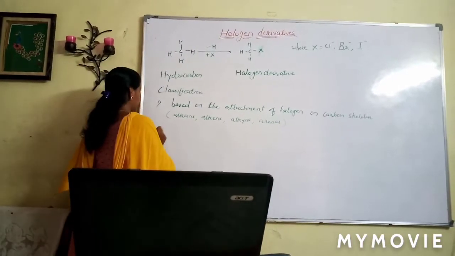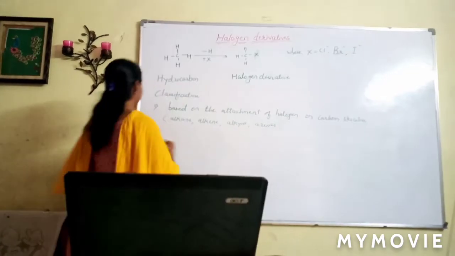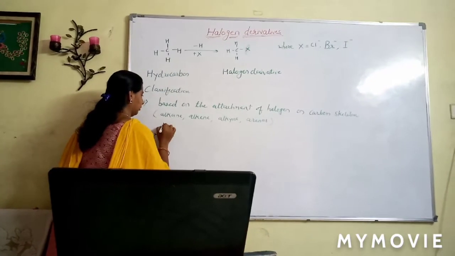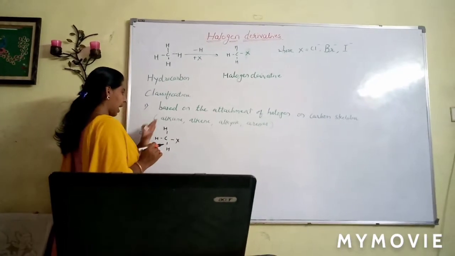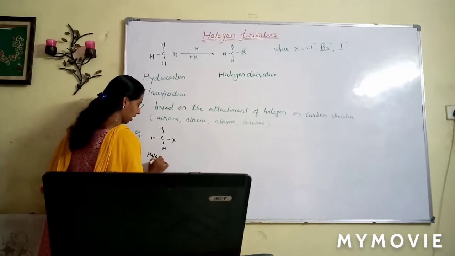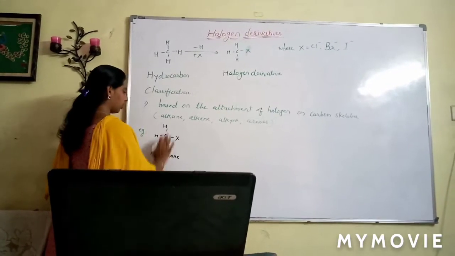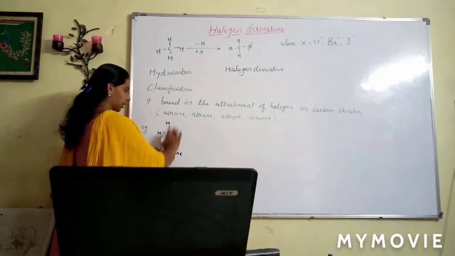Okay, so for example, we will see the structure. This is haloalkane. What is the name of this compound? This is haloalkane because the halogen atom is attached to the alkane compound. So this is a halogen and this is an alkane.